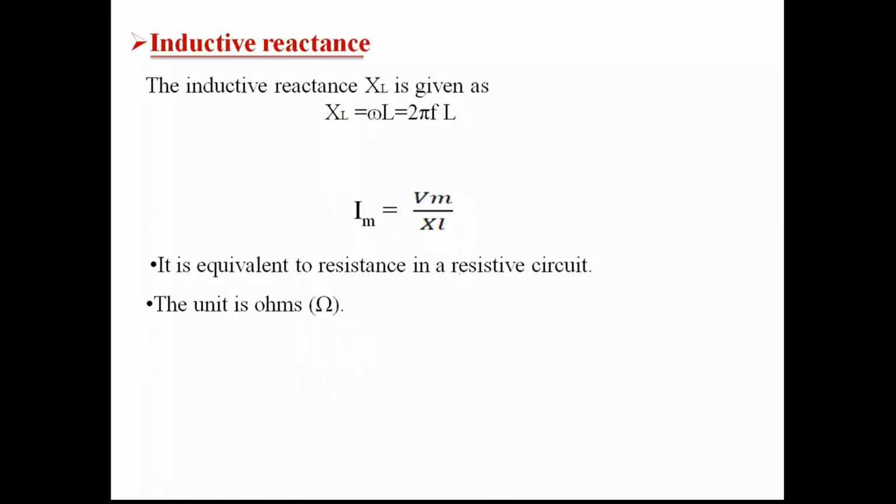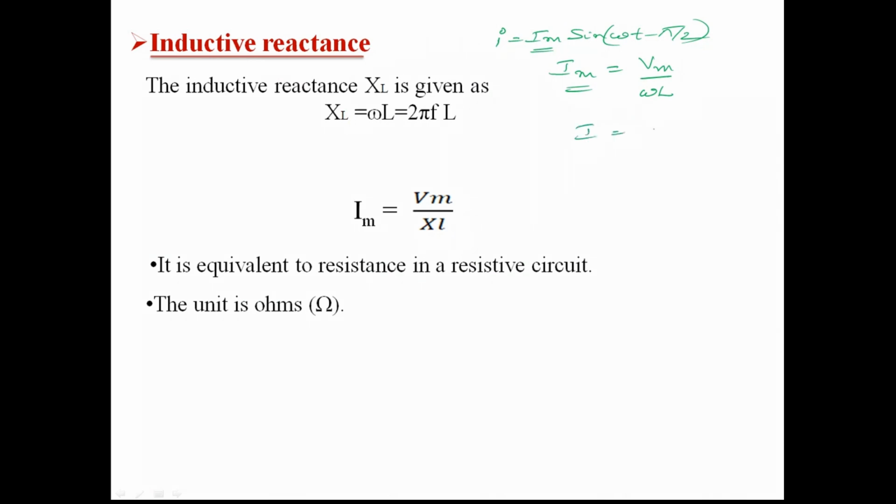Then coming to the inductive reactance. In the previous slide, we have I is equal to Im sin (omega t minus pi by 2). This is the expression wherein Im is defined as Vm by omega L. If you apply Ohm's law, what does Ohm's law state?